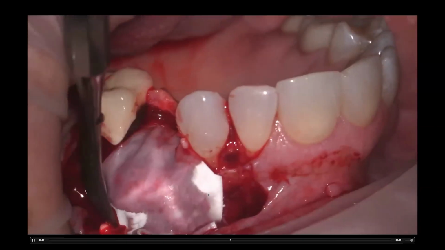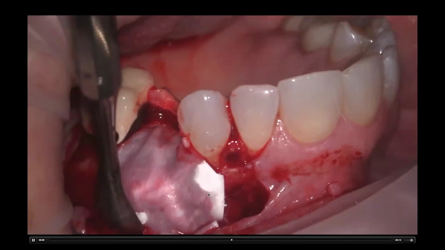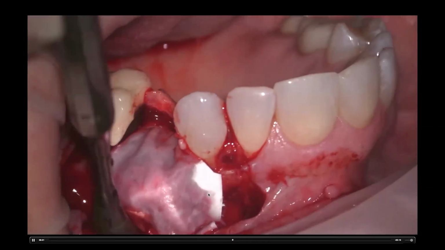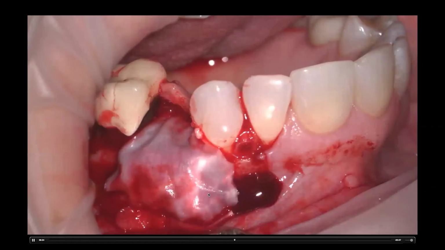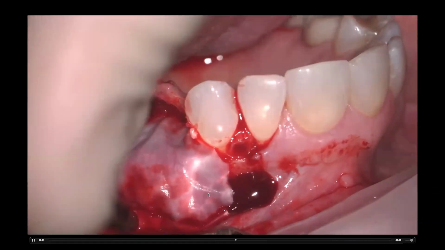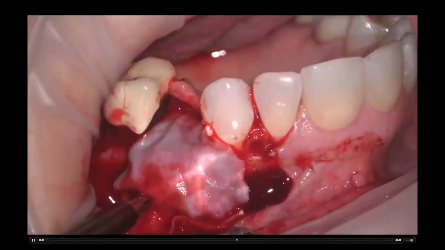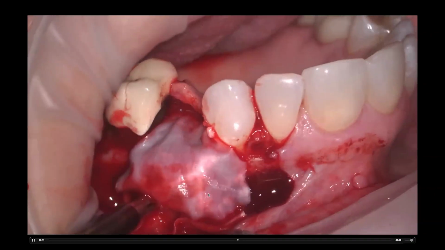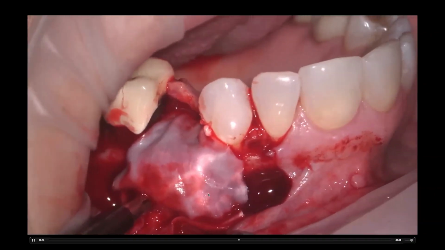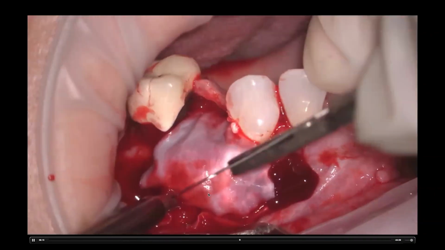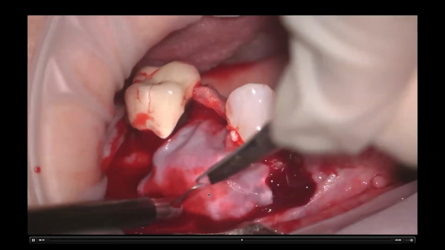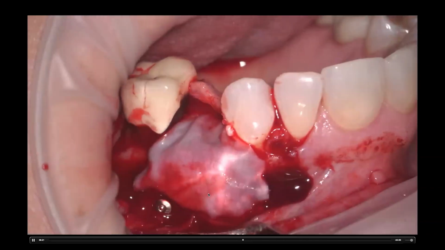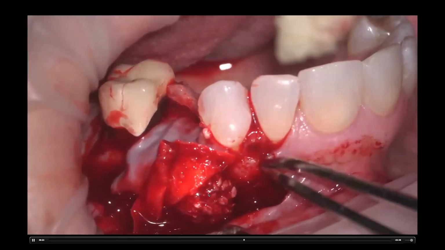We always want to make sure that the bone is contained inside the membrane. If there is bone that is floating around, just push it inside the membrane, so you're not losing the bone that you're grafting. Even after you tack, you can do that. And this is one tack on the distal. Again, we hold the pin in place so that it doesn't come out with the tack holder.